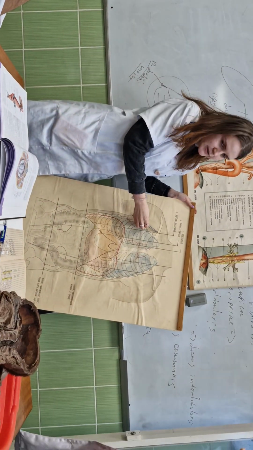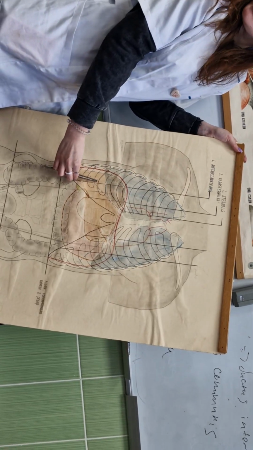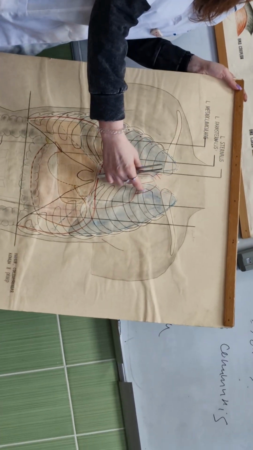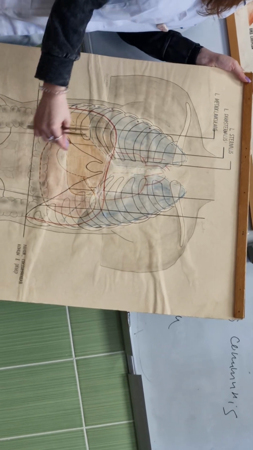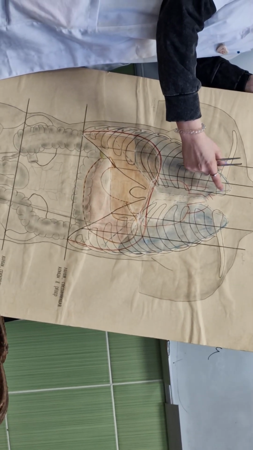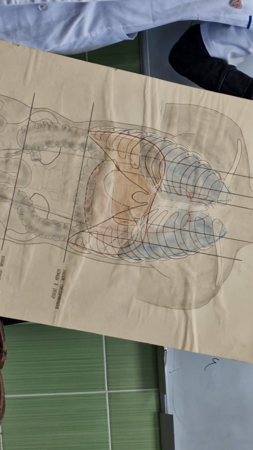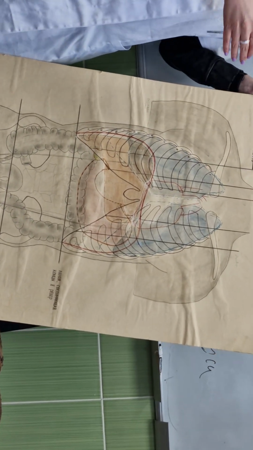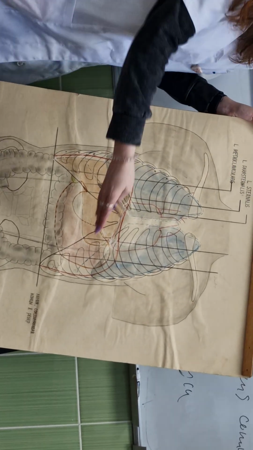In the middle part of the clavicula, linea media clavicularis. At the two borders of our sternum, linea sternalis. And between linea sternalis and linea media clavicularis, we have linea parasternalis. These are three frontal lines, and we have two vertical.